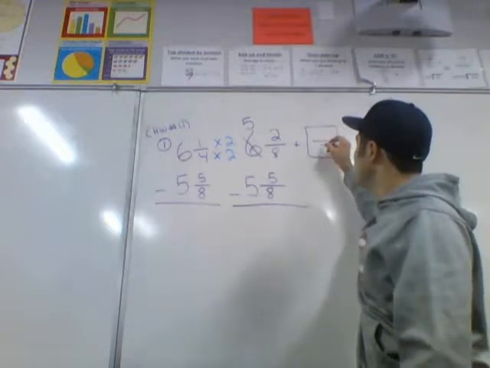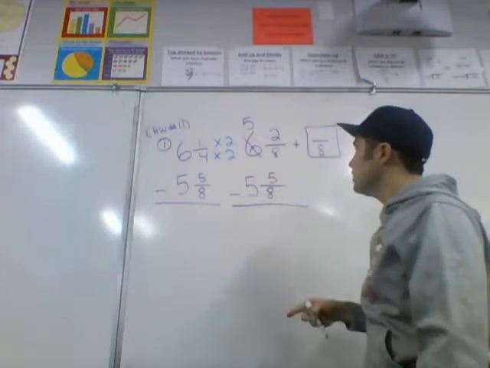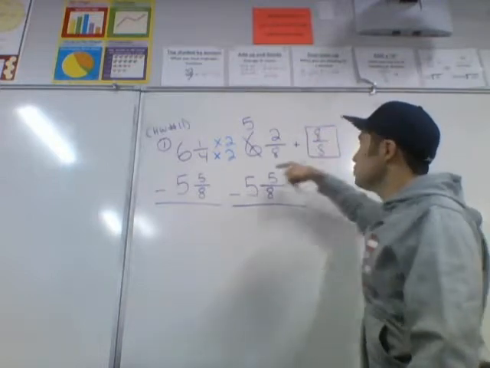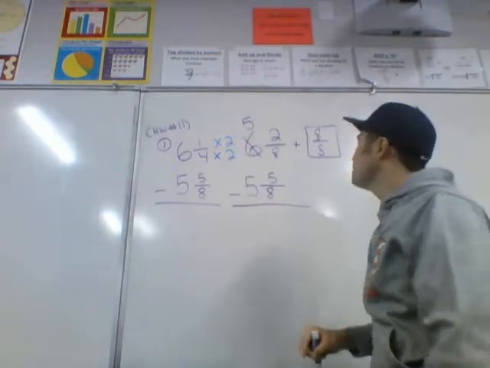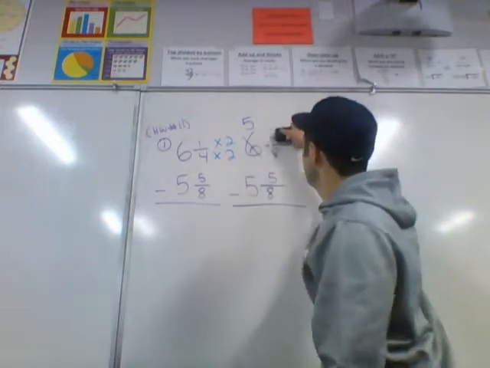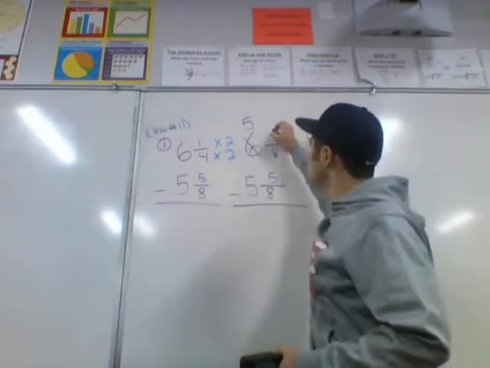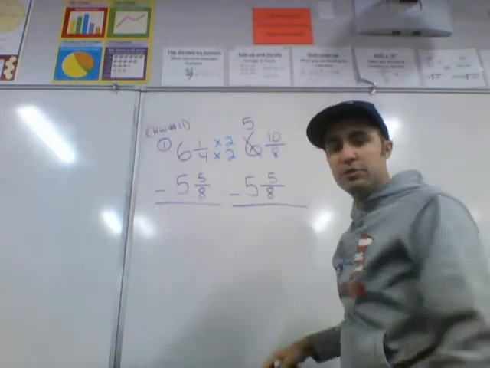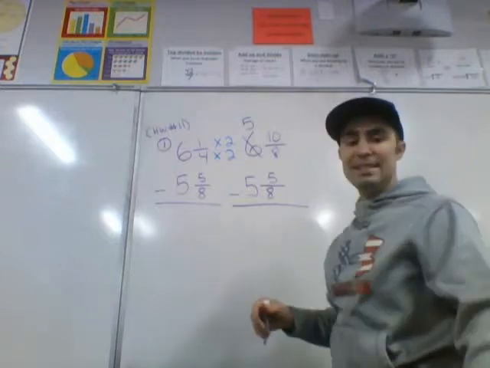But we want one with a denominator of 8 because that's our common denominator, which would make the numerator also 8, because 8/8 equals 1 that we borrowed from the 6. 8/8 plus 2/8 is going to be 10/8. We no longer need the 8/8 because we added it into the 2/8 and made it 10/8.